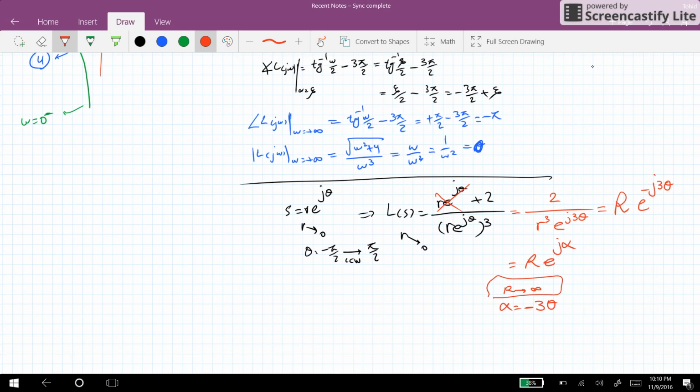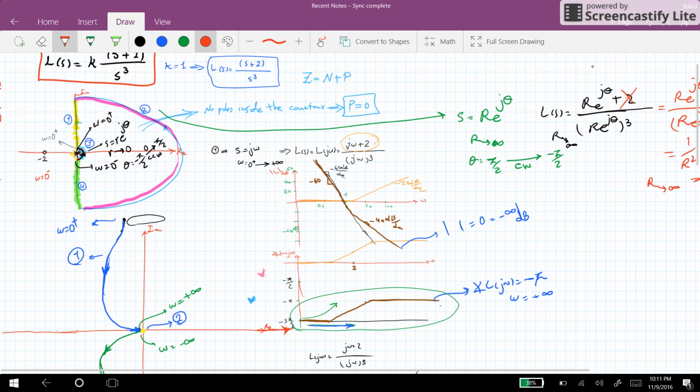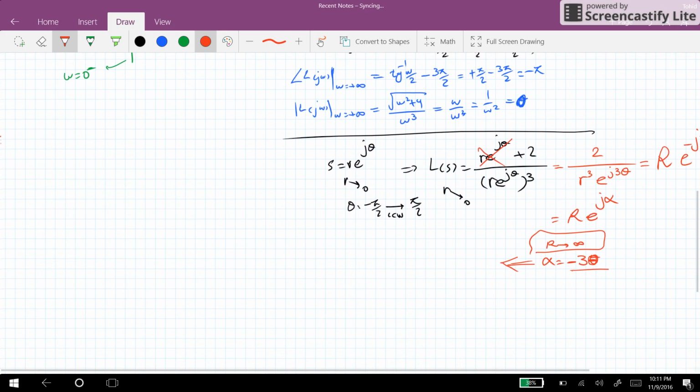Since r goes towards infinity, this means that we will have huge semicircles in our Nyquist plot. Since alpha is equal to minus 3 times theta, and the original Nyquist contour here was a small semicircle with a counterclockwise movement, our resulting Nyquist plot will have 3 times the semicircle in the clockwise manner, because the original one was counterclockwise.